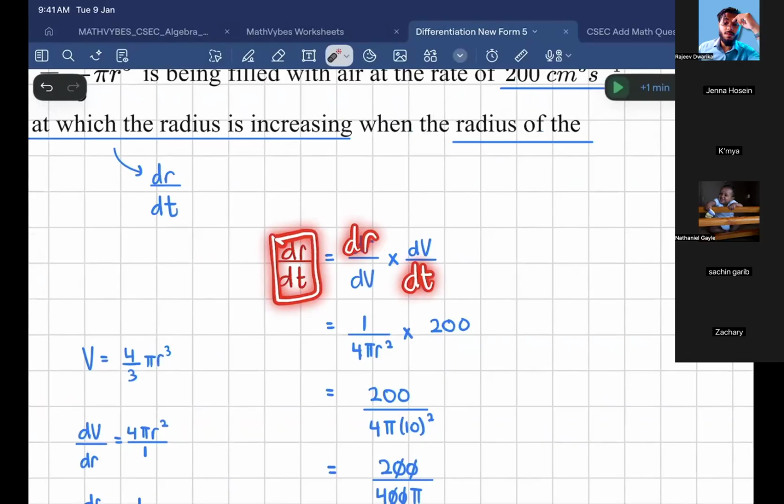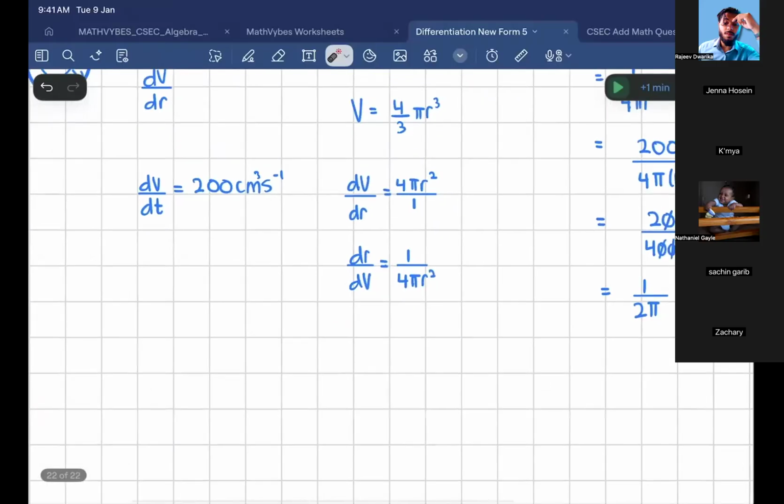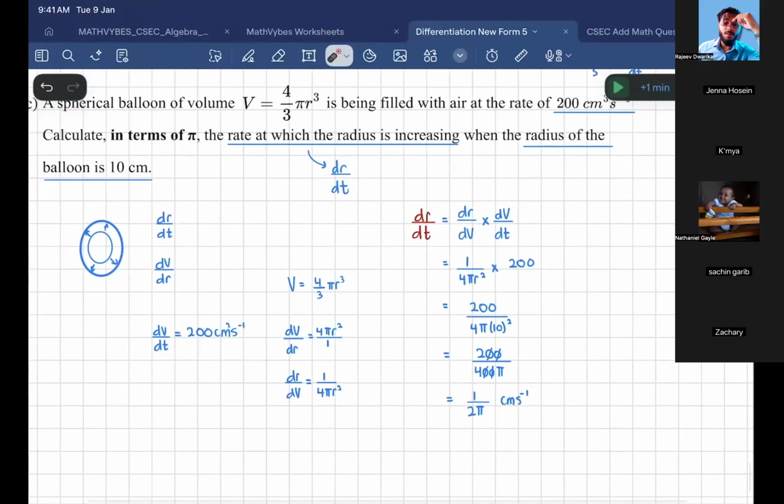I see that volume is mentioned, so I use dV. I have dV/dt. I had to find dr/dV, and notice that I just used the reciprocal of dV/dr. So you just differentiate and reciprocate it. And the last thing is looking for any pieces of information they're specifying. They're saying when the radius is 10, so you plug in 10 for r, and here you get your answer.